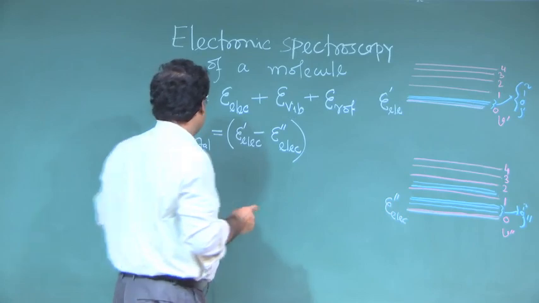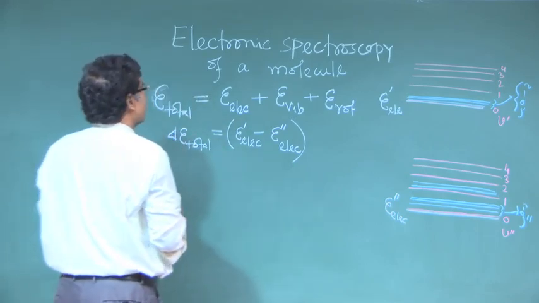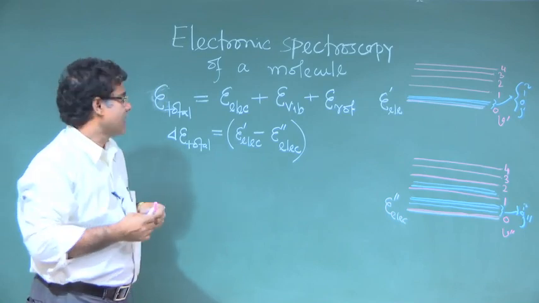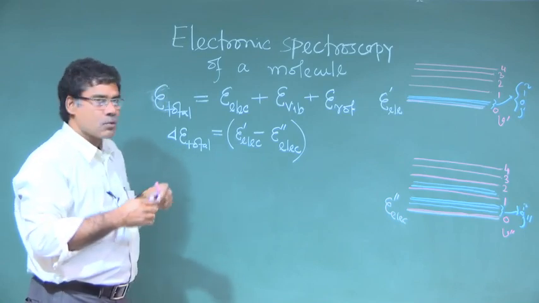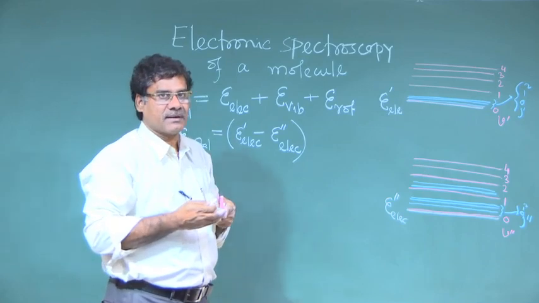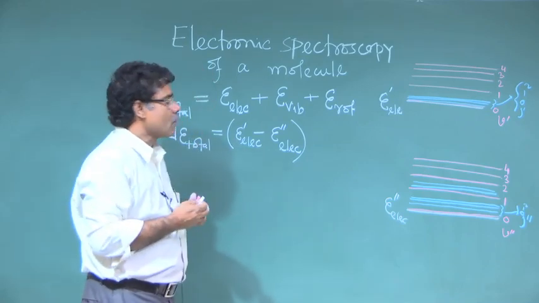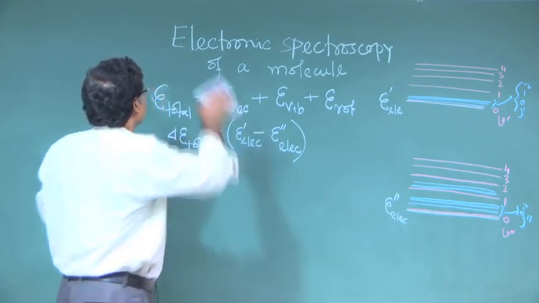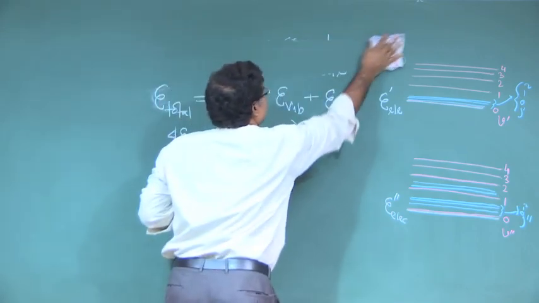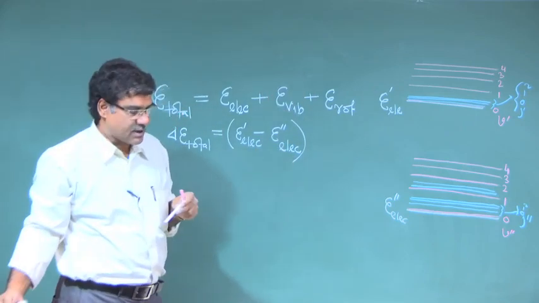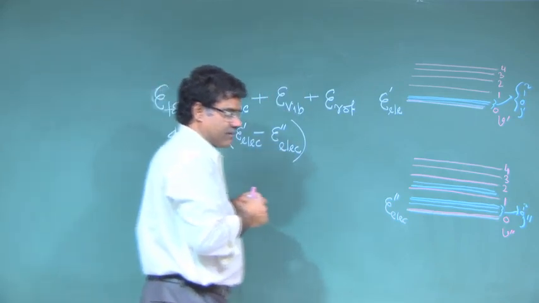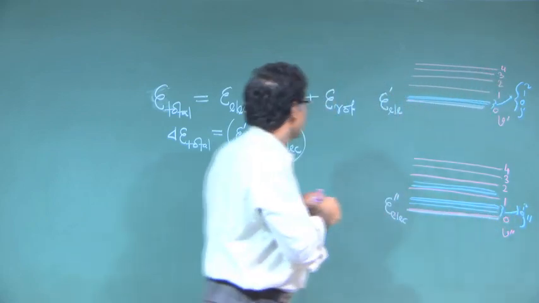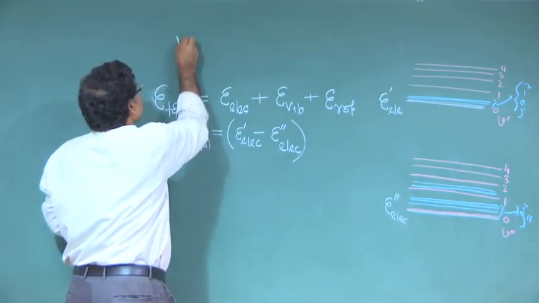That is basically the coarse structure of electronic spectra, the vibrational coarse structure of electronic spectra.